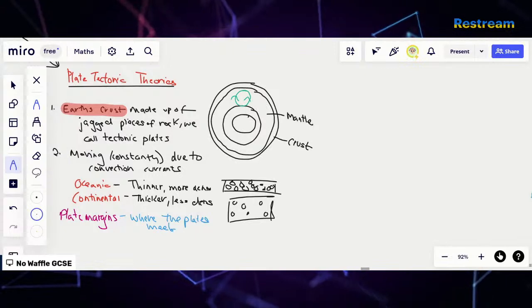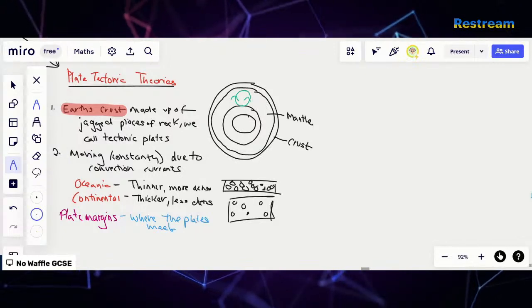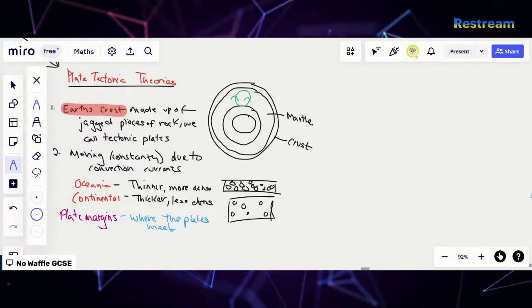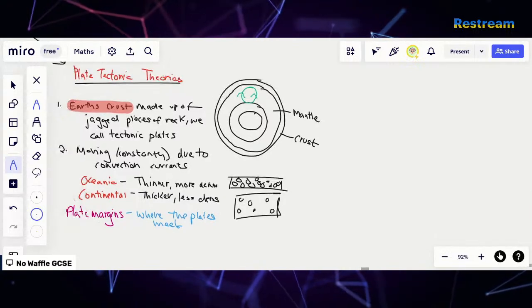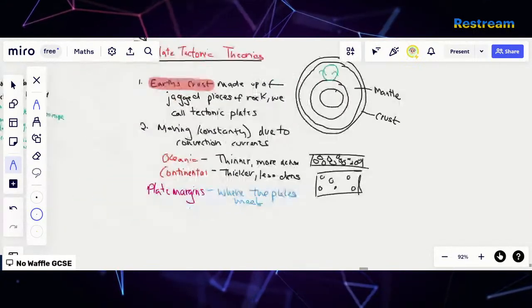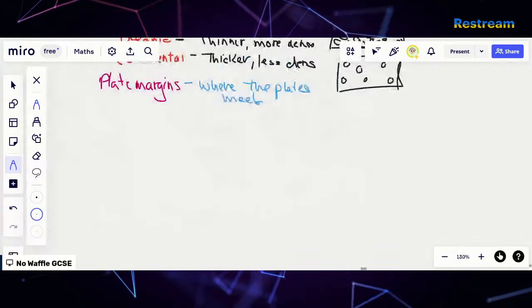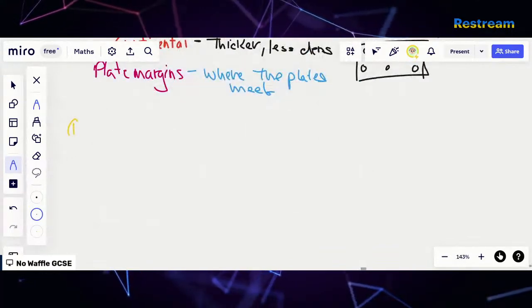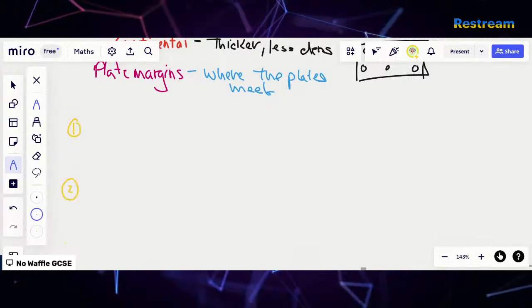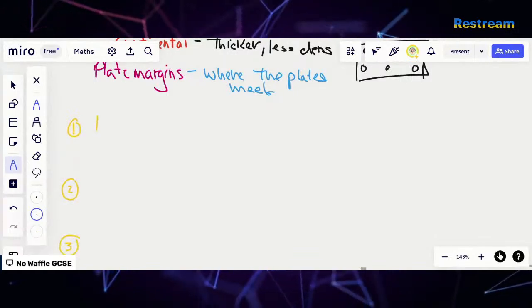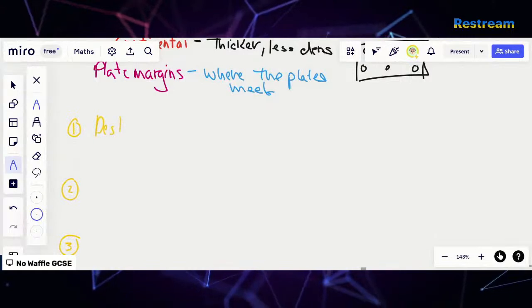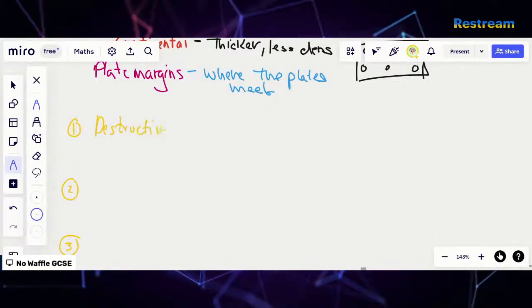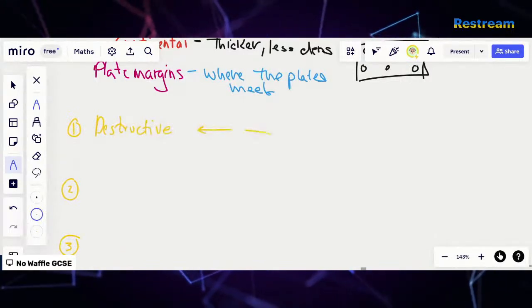Okay, these are also really important. So there are three types of these plate margins, we believe. The first one is destructive, where the plates pull apart from each other.